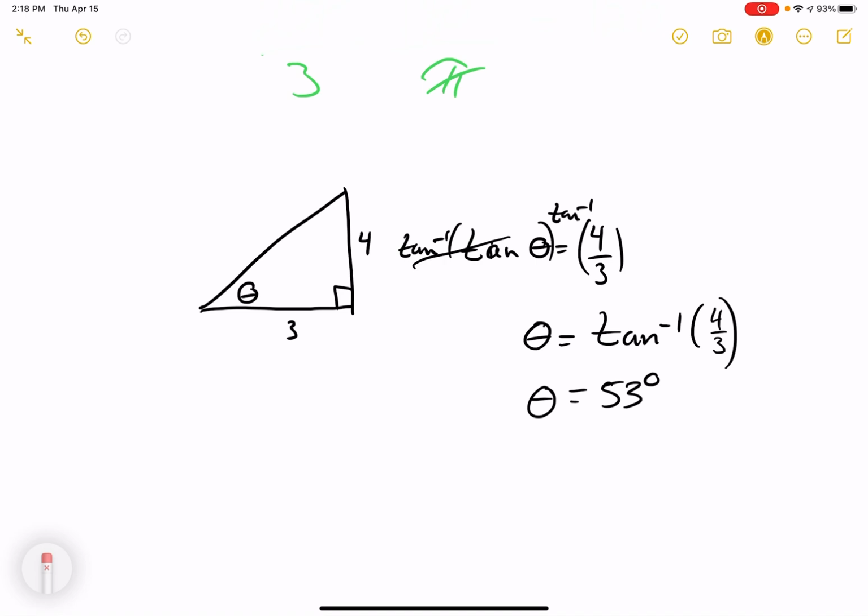If you have a graphing calculator, you're going to type second tangent, and it'll say tan -1. I'm going to do 4 divided by 3, and that should give me an angle of 53 degrees.